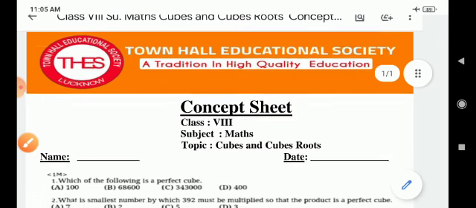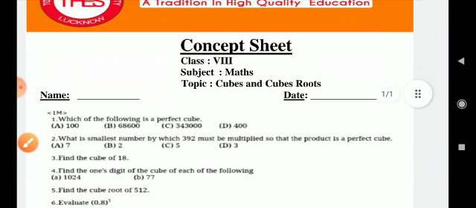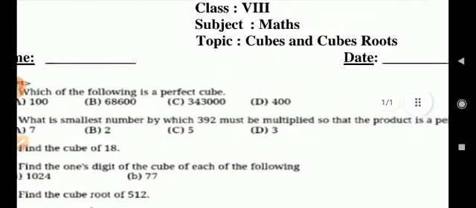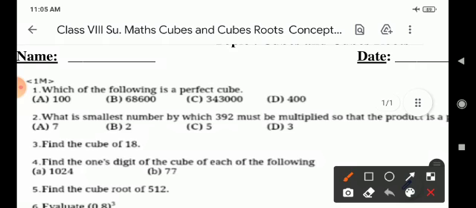Okay children, now I will discuss question number 1. Which of the following is the perfect cube? Children, perfect cube is, that is, factors of 343,000. Do you know a perfect cube?